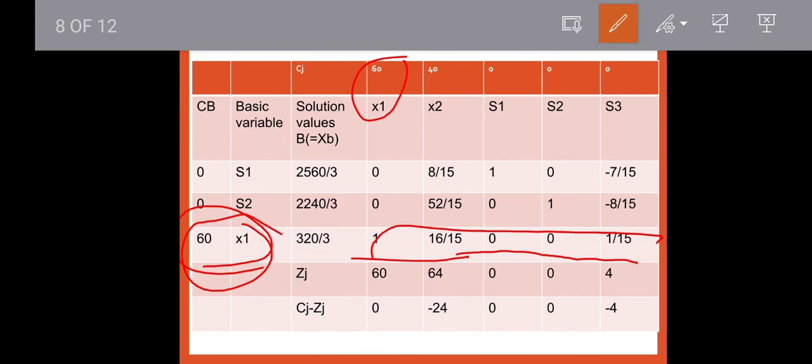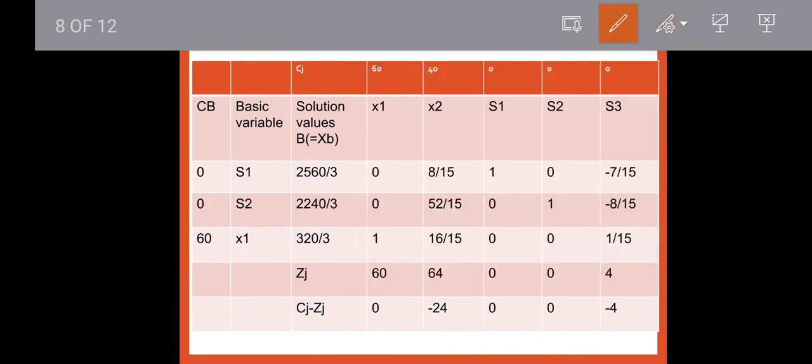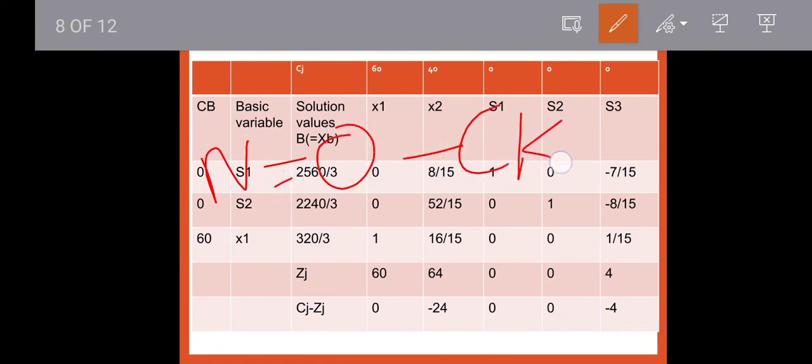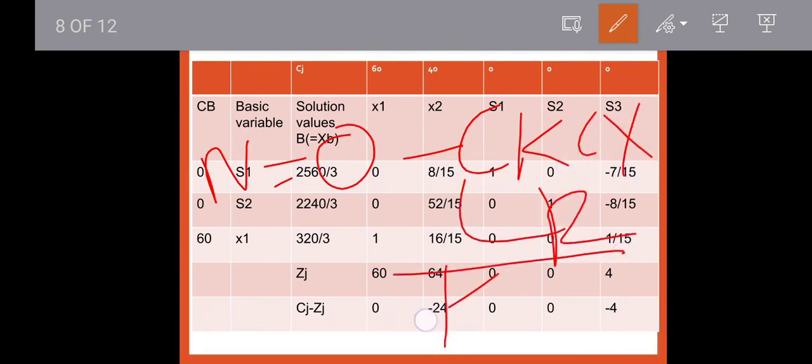Now we need to do the S1 row. We have a formula: new value equals old value minus corresponding key column value into corresponding key row value divided by key element.